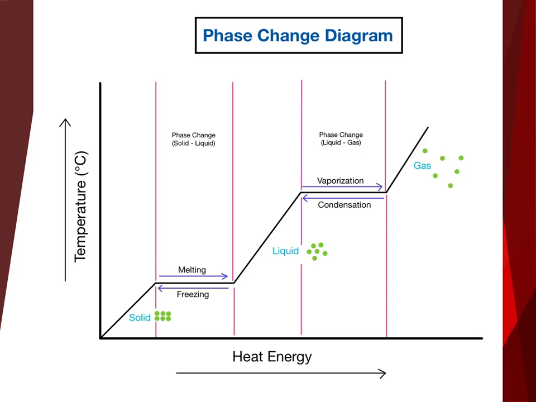The average kinetic energy of the particles does not change. The temperature of the substance remains constant. Only when the phase change is complete, meaning all of the substance has moved to a new state, does additional thermal energy cause the temperature increase to resume.